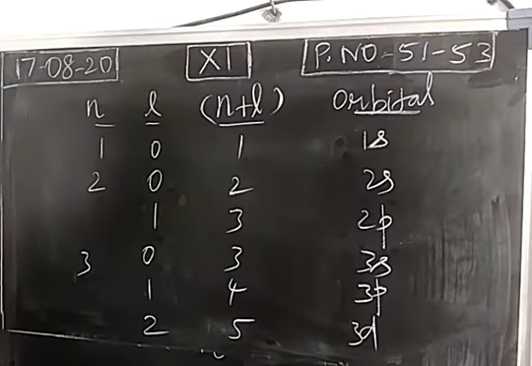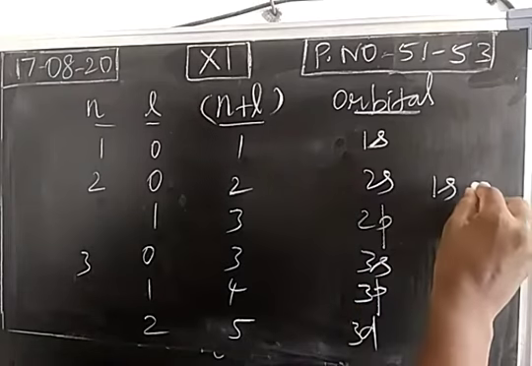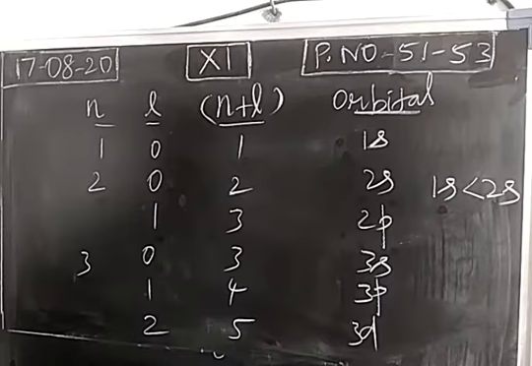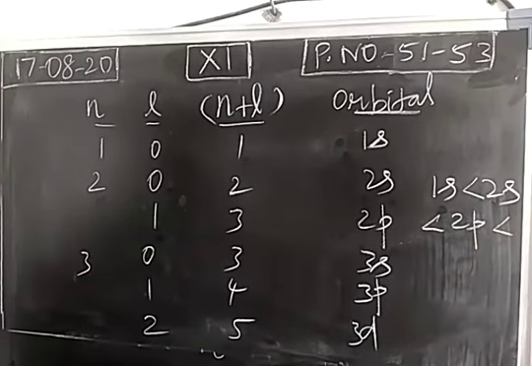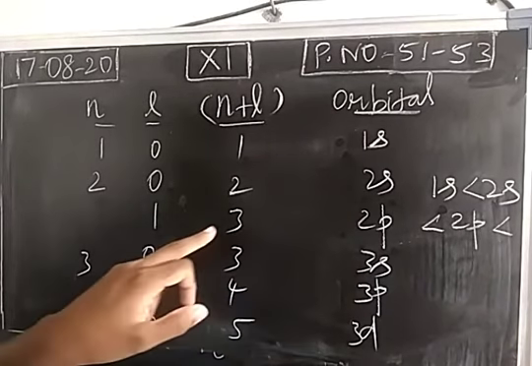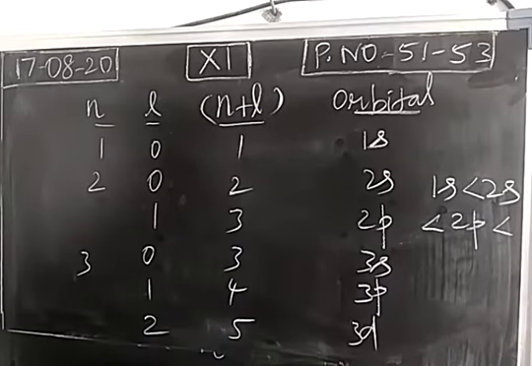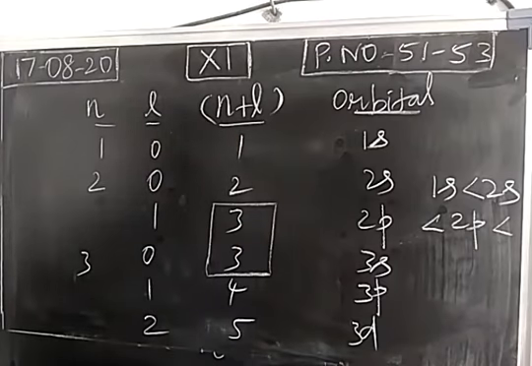So we can write the order. 1s orbital has least energy. Comparing the 1s orbital, 2s orbital has more energy. Then comparing 2s, 2p orbital has more energy. Now what about 3s? For 2p orbital, n plus l value 3. For 3s orbital also, n plus l value 3. So we have a common n plus l value. Now which has lower energy, which has higher energy?